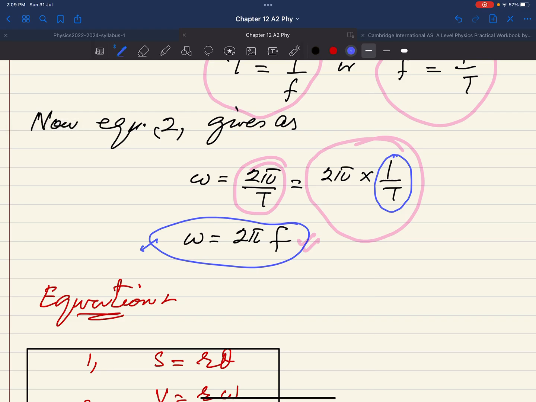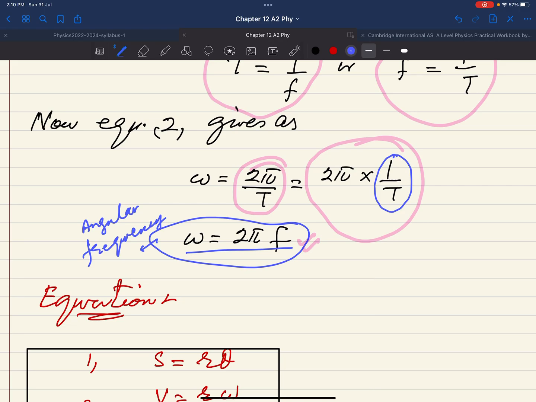So omega is also termed as the angular frequency. This is also a term we can use for angular velocity, and particularly when we are relating the angular frequency and the linear frequency, then this will be a better relation, or simply we have been using the terms f and omega.